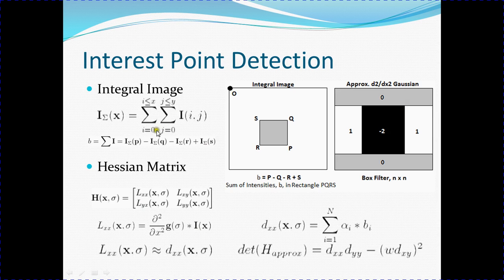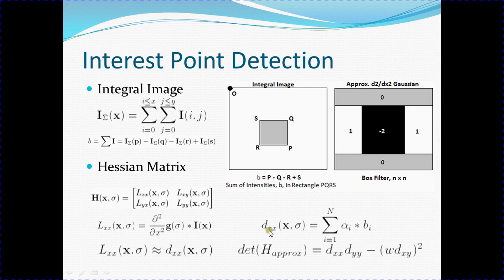So you can see that using the integral image, we can evaluate each one of these boxes in constant time, very quickly, instead of having to calculate an n by n number of multiplications and additions.